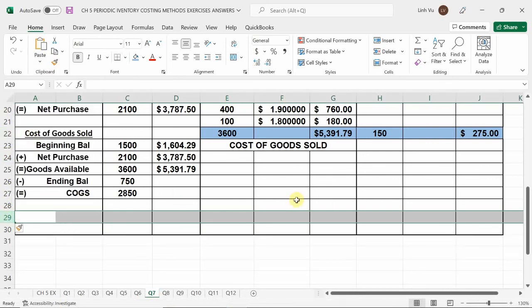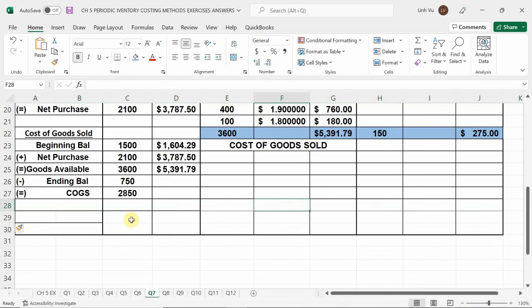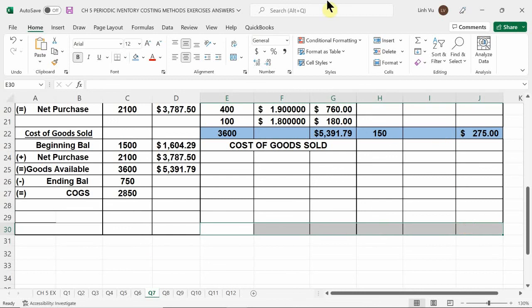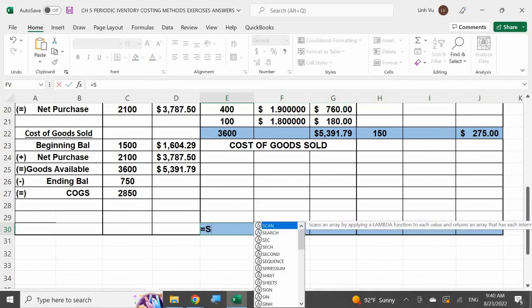Okay, there you go. So let me go ahead and run my formula here to get my equal sums. Okay, so equal sum.